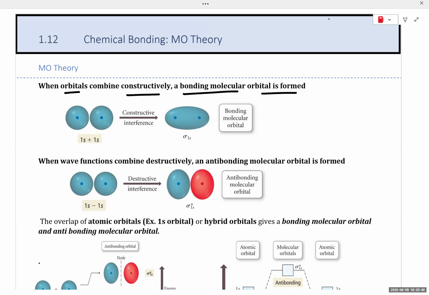When orbitals combine destructively, an antibonding molecular orbital is formed. Notice that in the bonding molecular orbital, we are sharing electron density between our two atoms, while in an antibonding molecular orbital, we are not sharing very much electron density between our two atoms. In fact, there's almost like a node present between our two atoms.